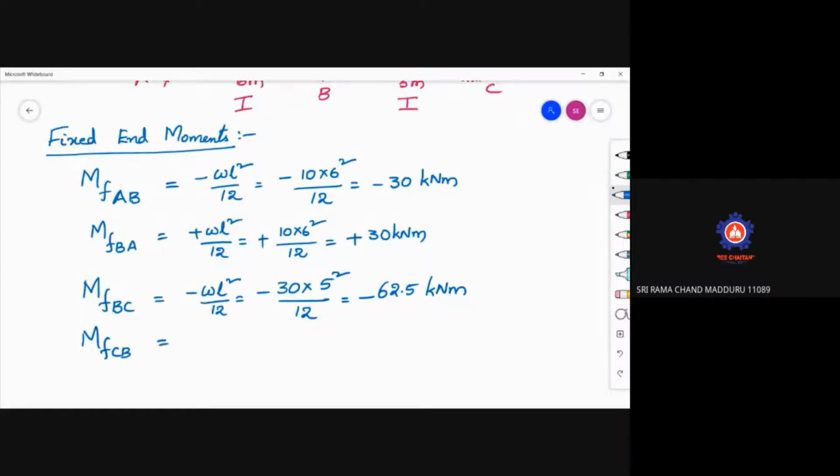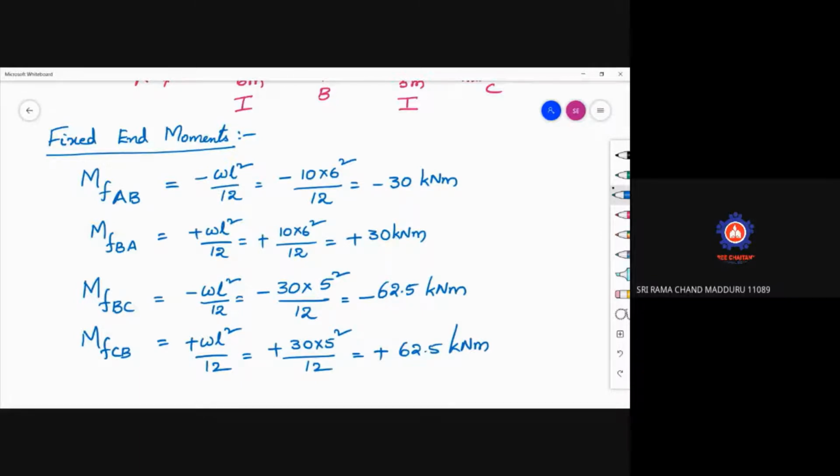MFCB is equal to plus WL square by 12, which is plus 30 into 5 square by 12, which is plus 62.5 kilonewton meter.